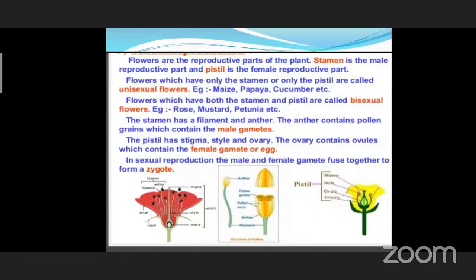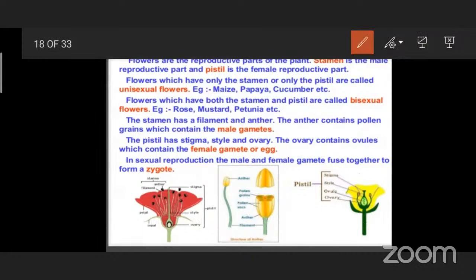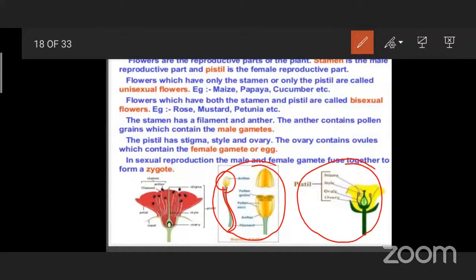Next, in sexual reproduction, mainly the flower participates, that is the male reproductive organ and the female reproductive organ. Already I told what the male and female reproductive organs are. The male reproductive organ is the stamen, which consists of filament and anther.